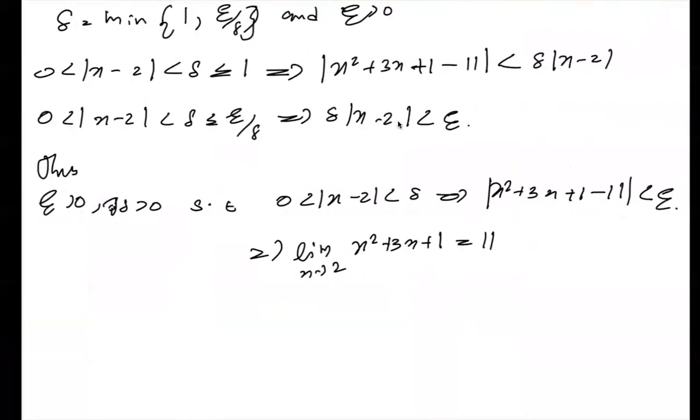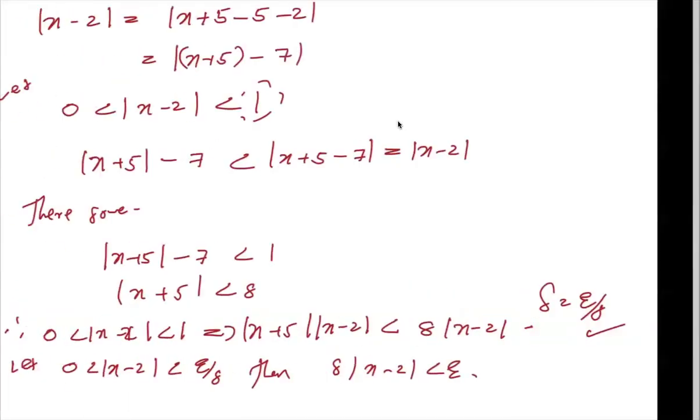Let's assume something like this one. Let's say the limit as x goes to 1 of x squared plus something. I'm not going to solve this problem, I'm just going to show you.